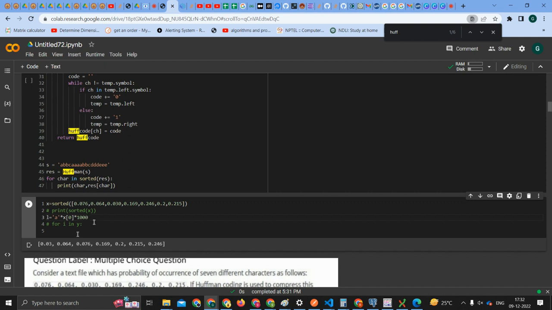Yes, my screen is stuck. Okay, sure. To x of 1 times 1000.